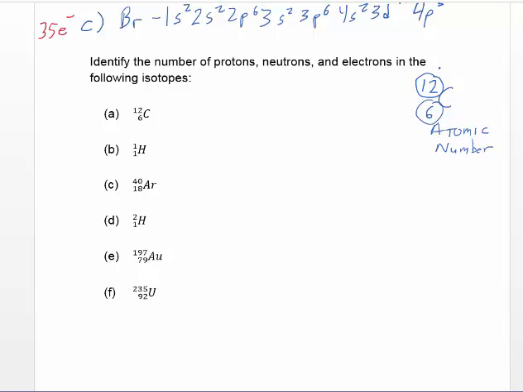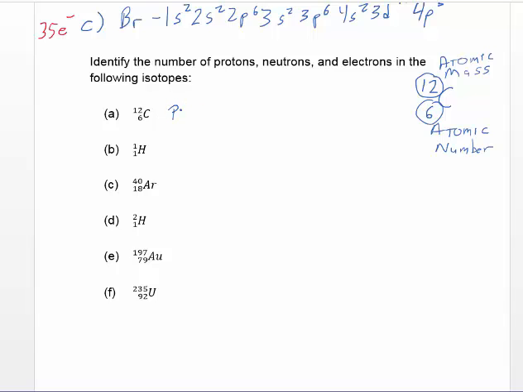This gives us the atomic mass, which is the sum of the number of protons and the number of neutrons. So the number of protons will always be given there. So let's just do all of these really easy.